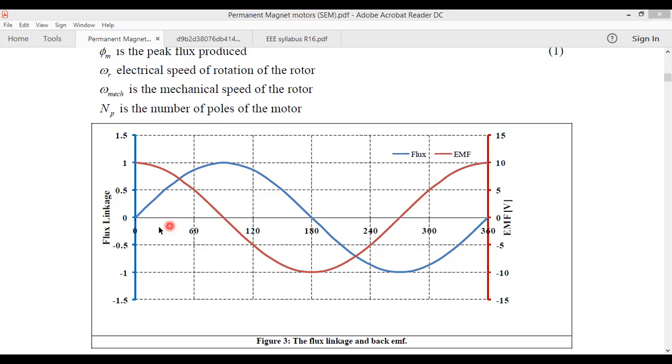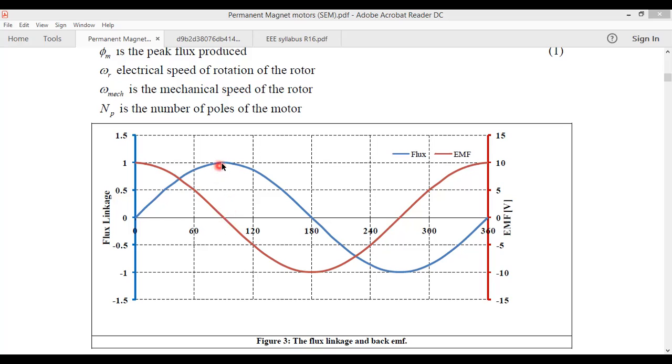From zero, the flux value increases up to its maximum value at 90 degrees. At this position, the EMF is zero because the flux is parallel to the conductor, so the flux linkage with respect to the conductor is zero. That's why the EMF produced is zero.